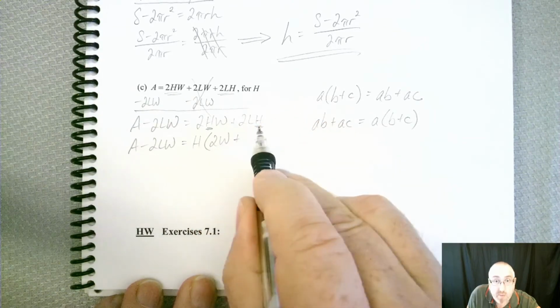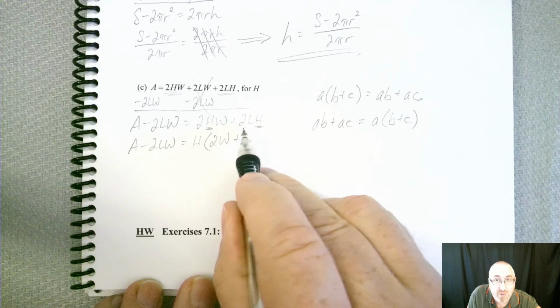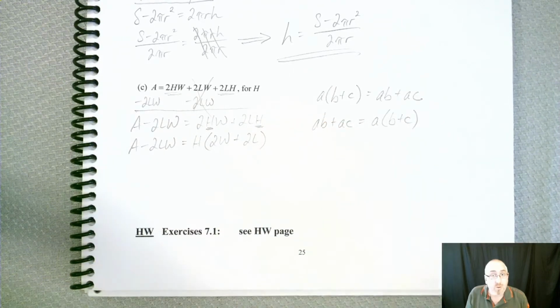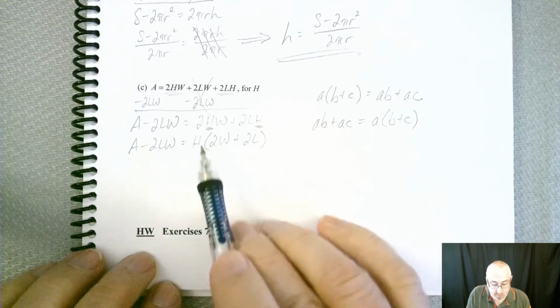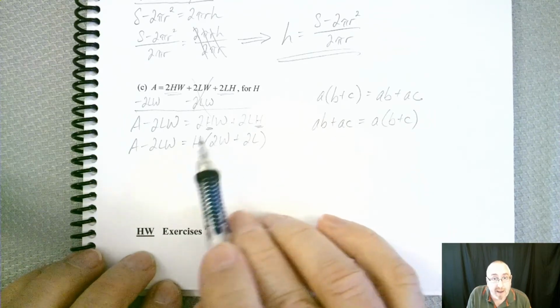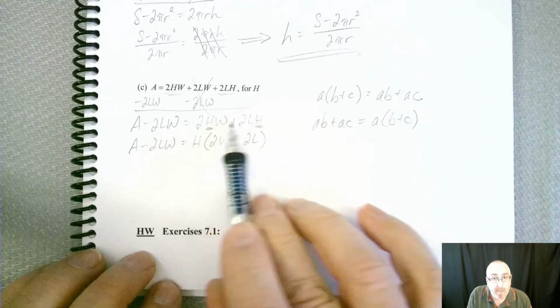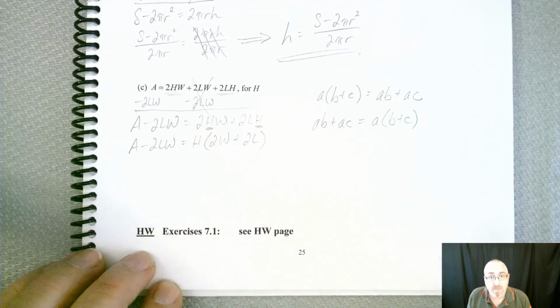And over here, if we pull the h out, we're just left with the 2 and the l. So that should be equivalent. And we can check it. If we multiplied the h back in, we'd have to distribute it to both parts. So we would get back this same result.